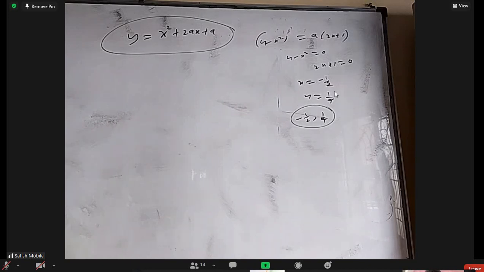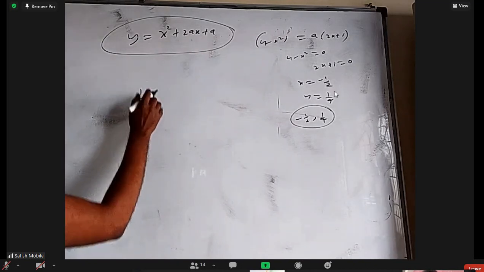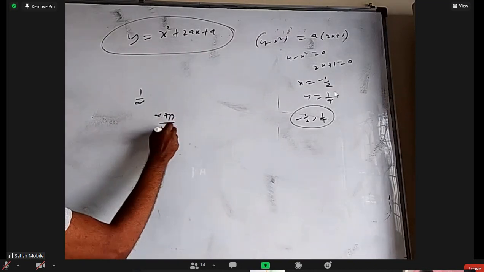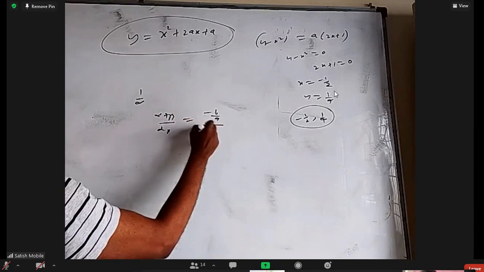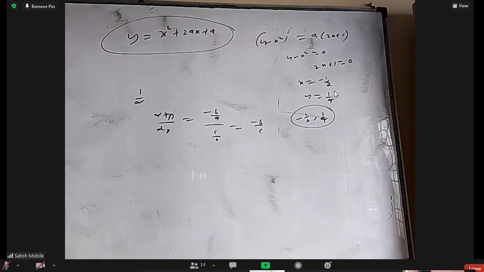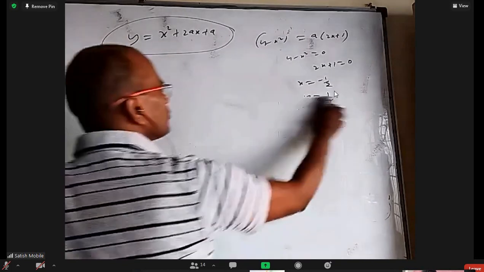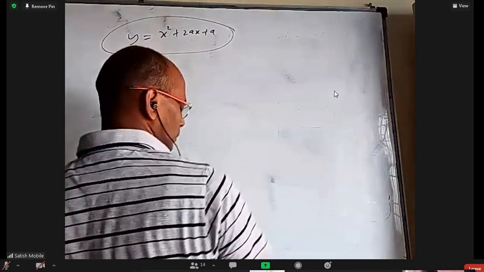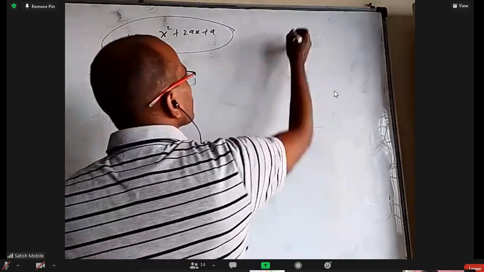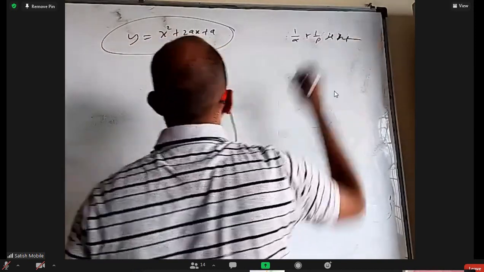The sum of the reciprocals of the roots may not be changing, because it is alpha plus beta by alpha beta, which is minus B by A by C by A, which is minus B by C. So 1 by alpha plus 1 by beta is not changing. So what can you compute from 1 by alpha plus 1 by beta? It is not changing.